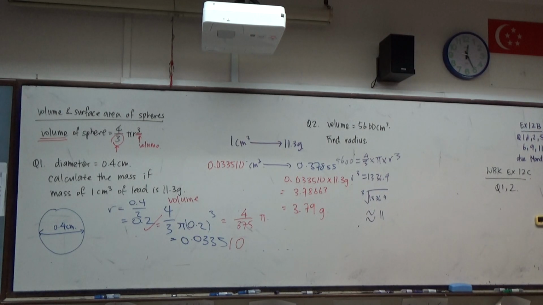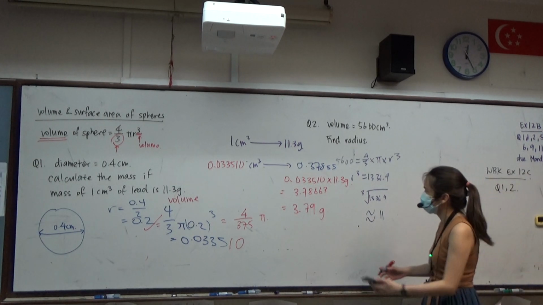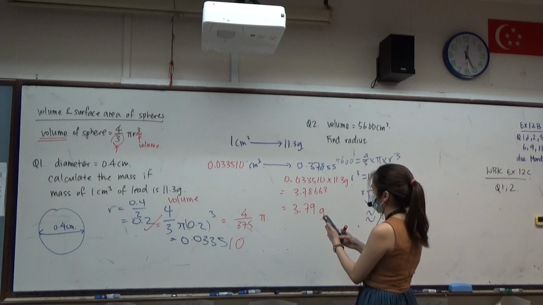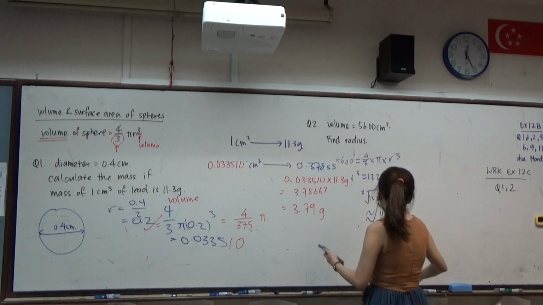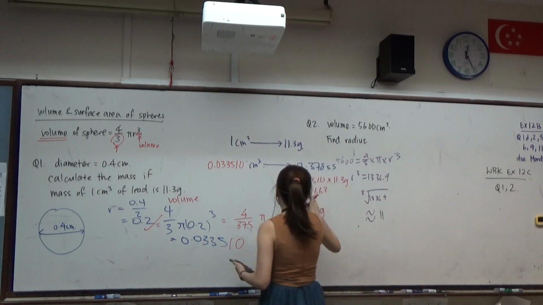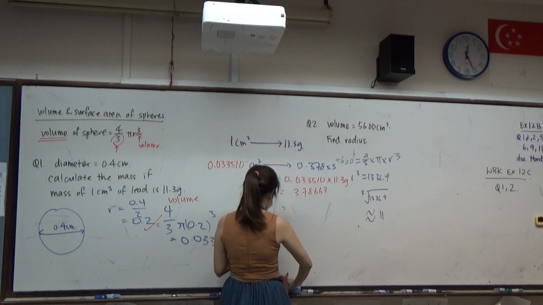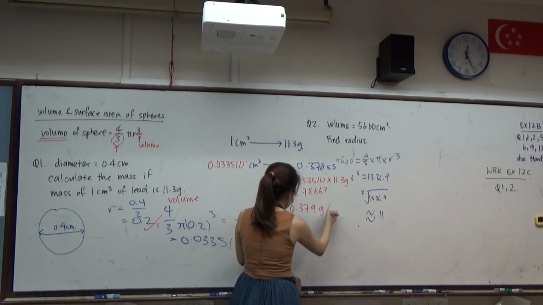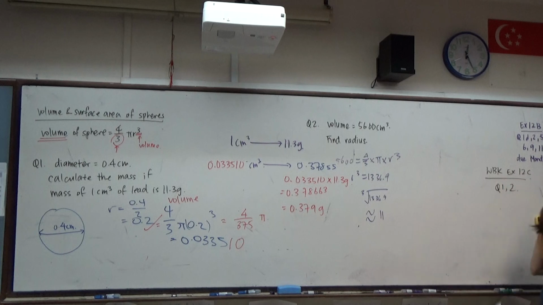Any questions? What am I doing? 0.033510 times 11.3, calculate only. Oh, sorry, I think I missed out a 1 just now. 0.379 grams. Right, okay.